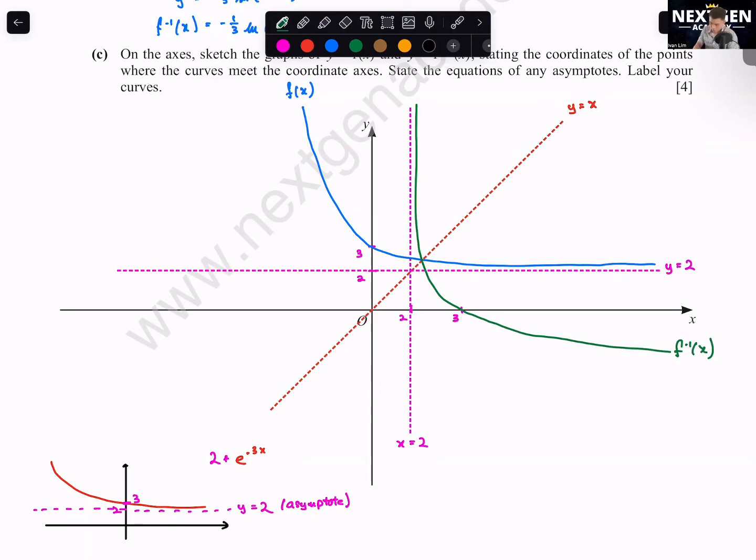If you don't want to draw the neat version, this is the main one they require you to plot, so make sure you have all the labels also: 2, 3, 2, 3, y equals 2, x equals 2. But I drew this so that it can look nicer. Everything is symmetrical also, and my asymptote passes through nicely because of the y equals x line.